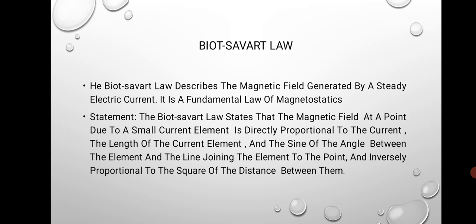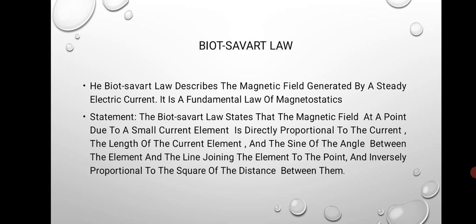Biot-Savart's law states that the magnetic field at a point due to a small element of a current carrying conductor is, first, directly proportional to the length of the element, second, directly proportional to the current flowing through it, third, directly proportional to the sine of the angle between the element and the line joining the center of the element to the point, and fourth, inversely proportional to the square of the distance of the point from the center of the element.